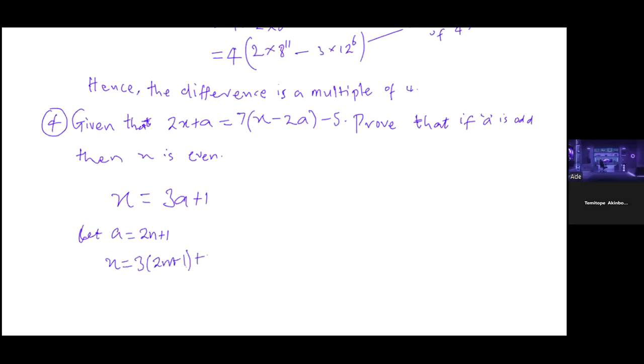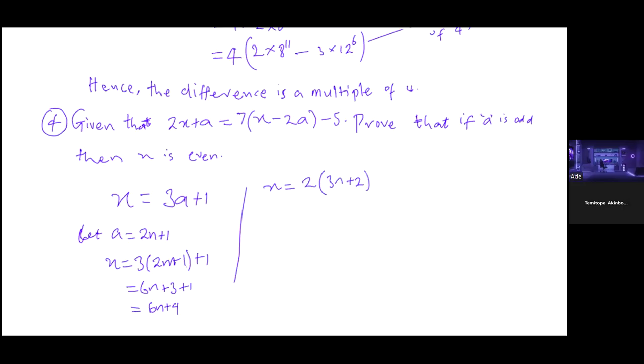And that gives 6n plus 3 plus 1, which is 6n plus 4. And if you look at the right-hand side, I can factor out 2, and that gives me 3n plus 2. So I have a multiple of 2. So any multiple of 2 is going to be an even number.